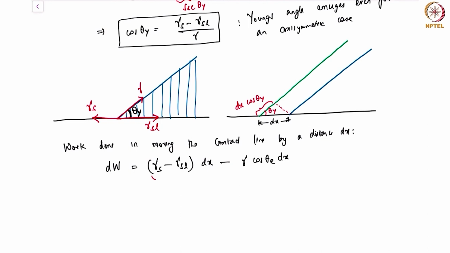So this first quantity that you see here is because of contact line motion, because the liquid has spread on the solid, right? It has spread on the solid, and then the second part that you see here is from creating a new surface.